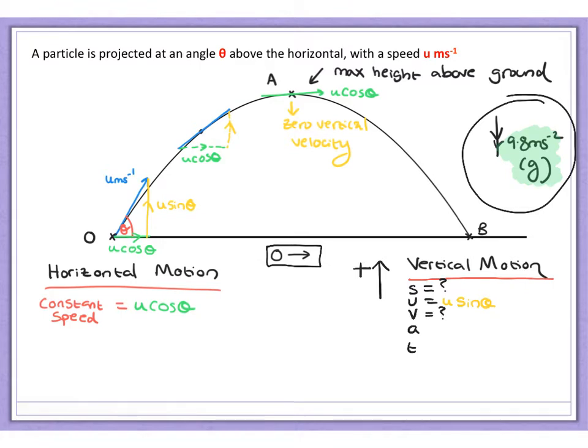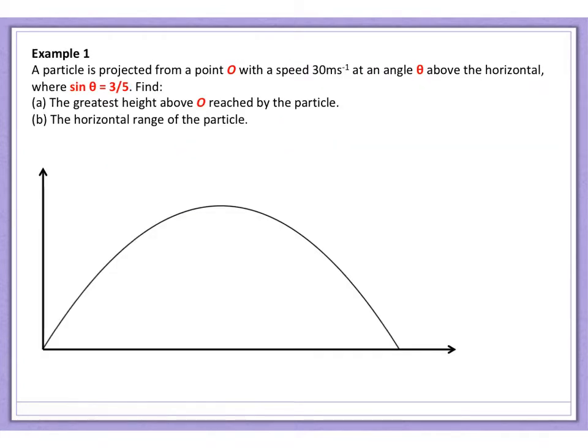Again, it depends on which point we travel to. a is going to equal negative g, because the acceleration acts downwards and we have chosen up as positive. And t, the time taken, again depends on which point we have moved to. We can still solve problems in the same way that we've done previously, we just have to bear these changes in mind. So let's go straight into example 1 and label a diagram based on the information in this question.